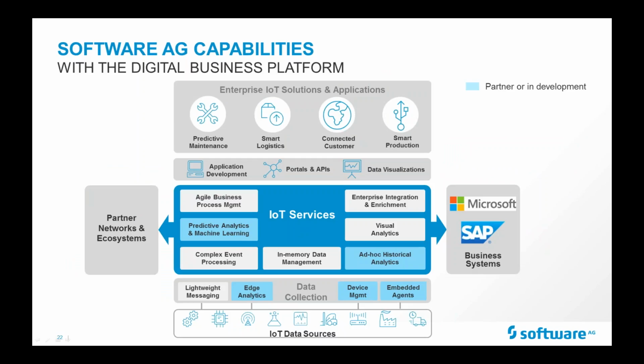of our capabilities with the digital business platform. So with the digital business platform, at the top level, you will see enterprise IoT solutions and applications. You have predictive maintenance going on, you have smart logistics, connected consumer, and also smart production going on.